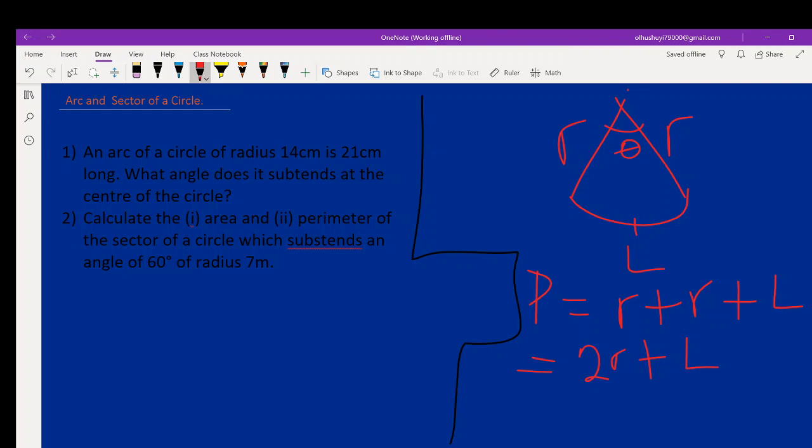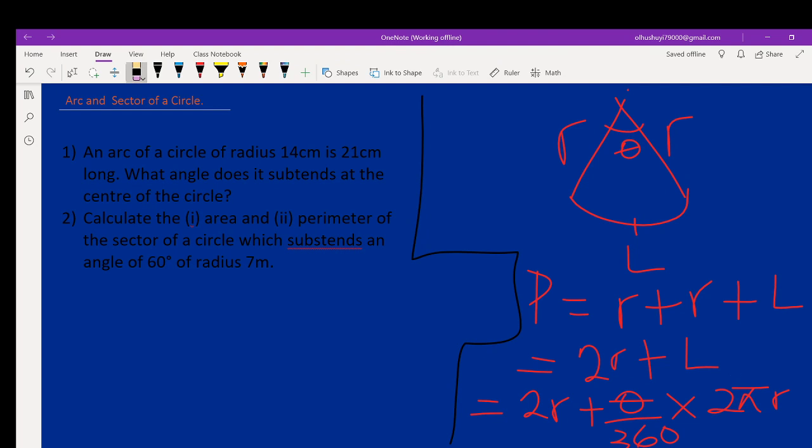The length of arc is theta upon 360 times 2 pi r, don't forget, because it is along the circumference. It's as simple and direct as that.